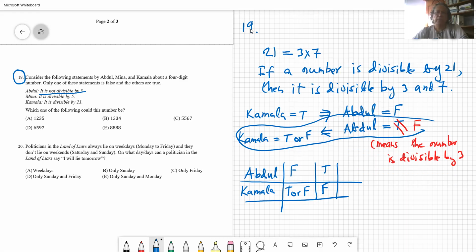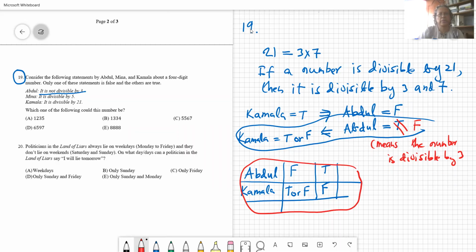So that means in any case, the problem says that one of these statements is false and the others are true. So we always have one statement that is false.